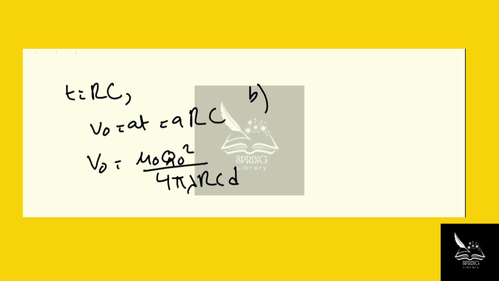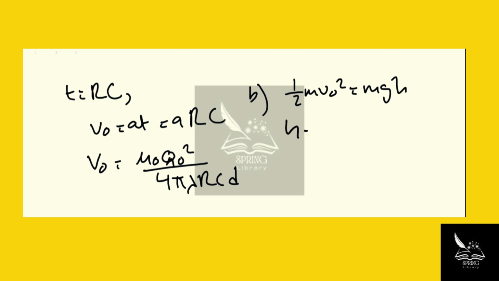For the next part, we need to find the height h that each wire will rise as a result of the current connection. From conservation of energy, we can write 1 over 2 m V naught squared is equal to mgh.